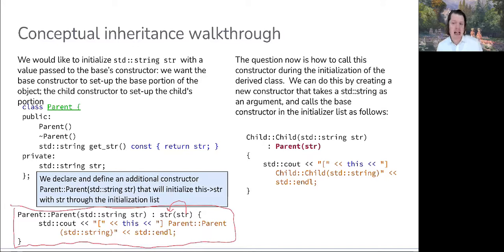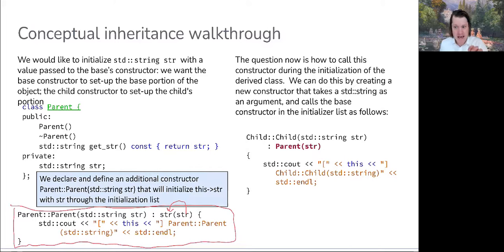The question now is, how do we call this constructor during the initialization of a derived class? Well, what we can do is create a new parameterized constructor, because if we're creating a child object and we want to give the parent's str data member some sort of value, we have to get that value, right?